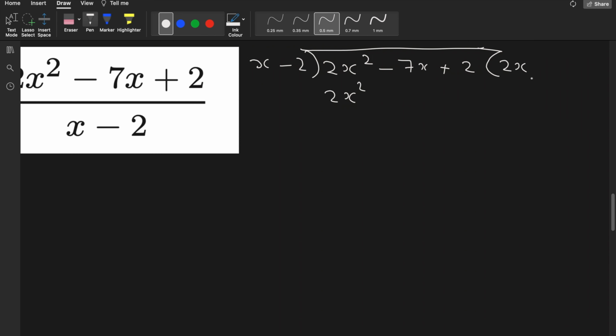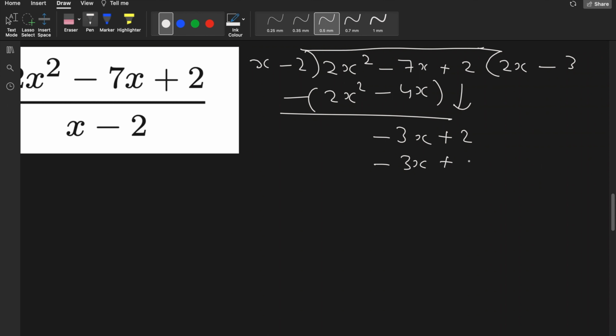When we multiply this by this, we get minus 4x. Let's subtract this. We get minus 3x. Let's bring this down, and now it's going to be minus 3. So minus 3x plus 6.